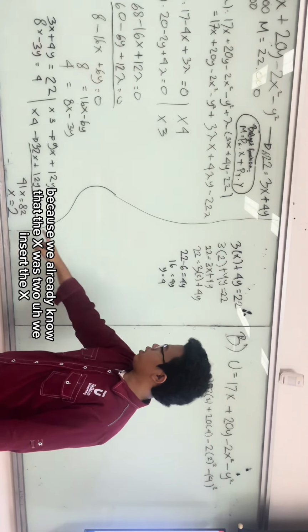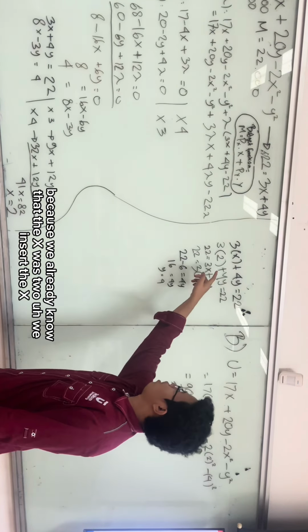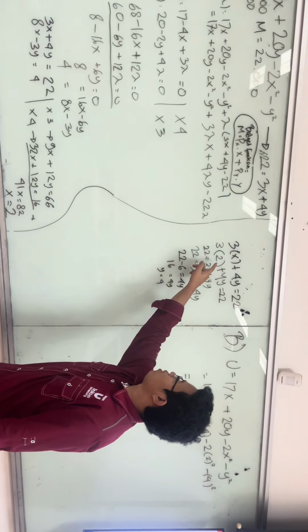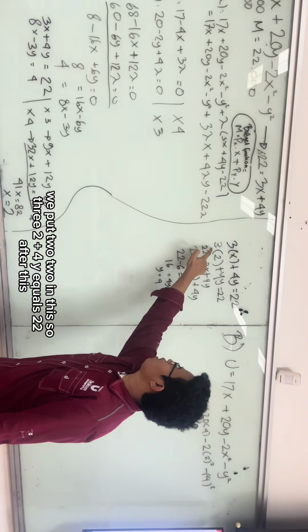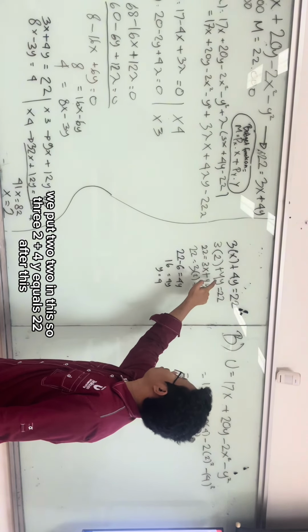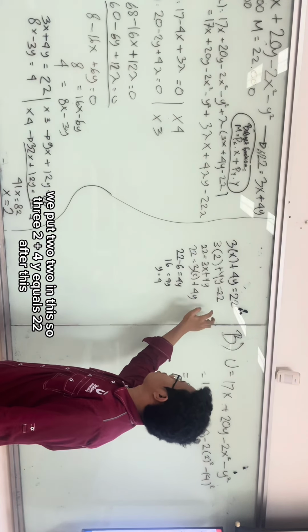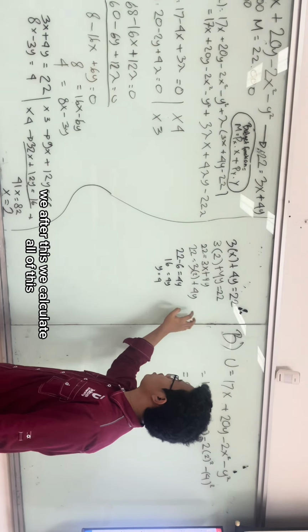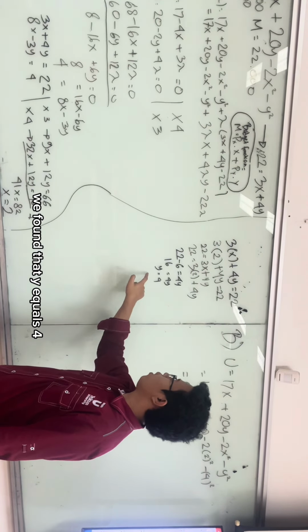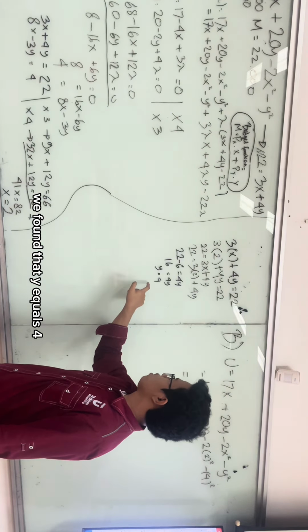Because we already know that the x was 2, we insert the x, we put 2 in this, so 3 times 2 plus 4y equal 22. After this we calculate all of this, we found that y equal 4.